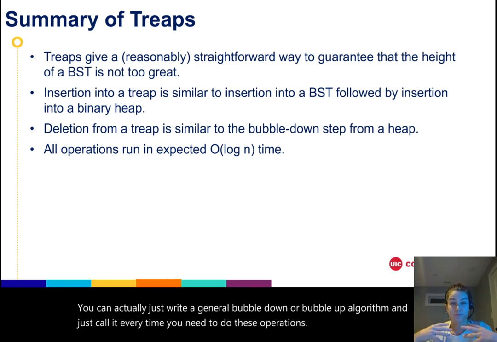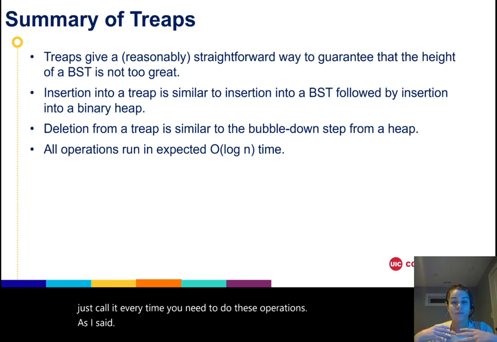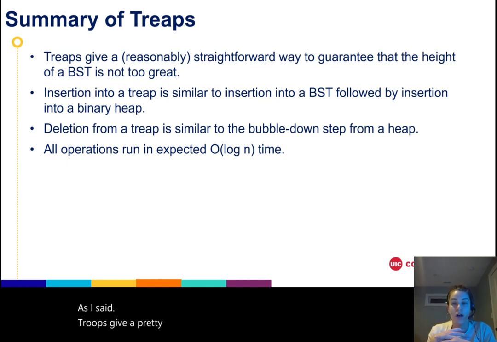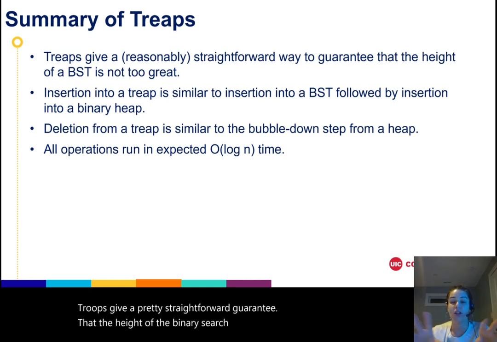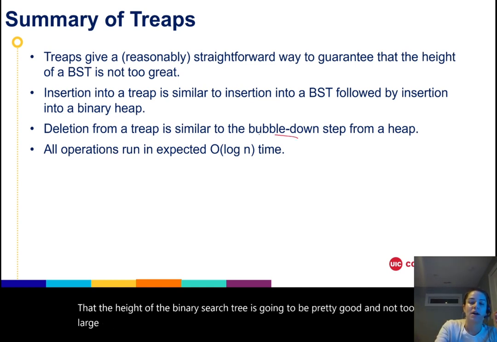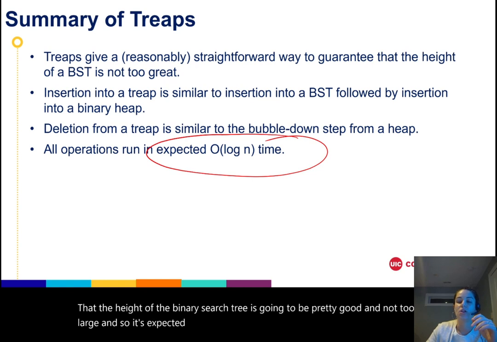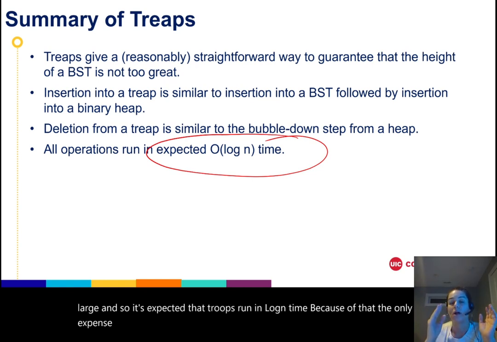As I said, Treaps give a pretty straightforward guarantee that the height of the binary search tree is going to be pretty good and not too large. And so it's expected that Treaps run in log n time because of that. The only expense of Treaps is that bubble up and bubble down process for remove and insert.